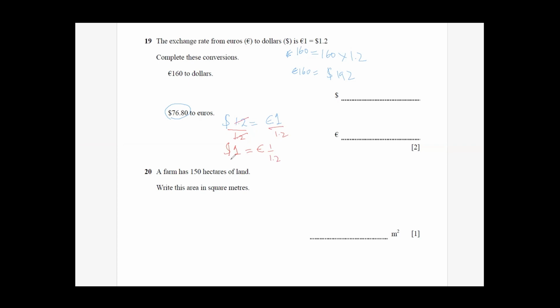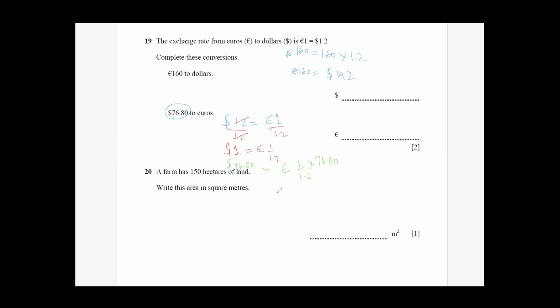So dollar 76.80 would be equal to euros 1 over 1.2 times 76.80. That means we need to divide 76.80 by 1.2, which is 64.